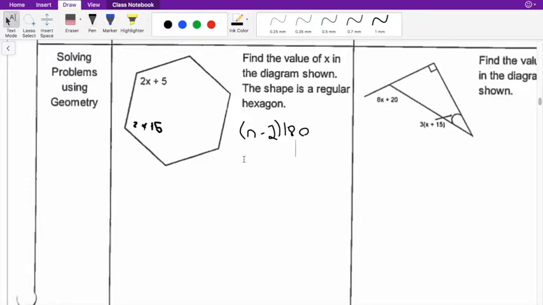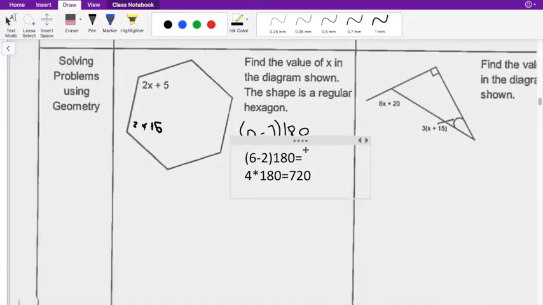So that is going to equal bracket 6 minus 2 times 180, and that's going to equal 4 times 180, which equals 720. So we know that our whole angle is 720.